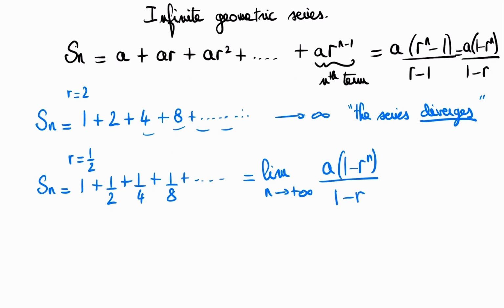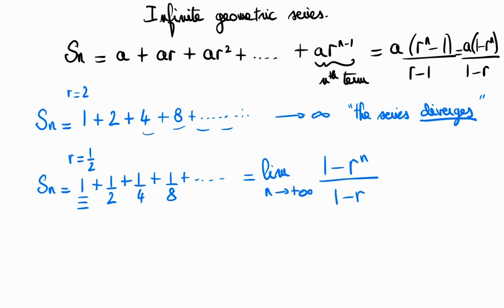And we can substitute A by 1, which is the first term. It simplifies a bit. Let's rewrite it all together: (1 minus R to the power of n) over (1 minus R), because in that case, A is equal to 1.